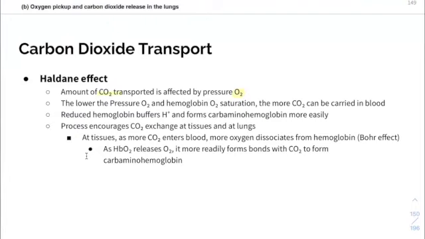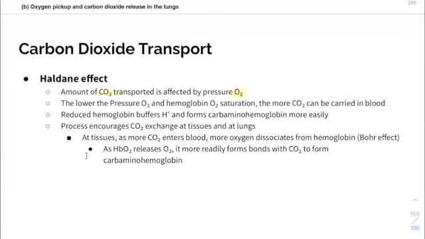It's the exchange of oxygen for carbon dioxide. All this pretty much says is we can't put new carbon dioxide into our blood to be transported unless we get rid of an oxygen.